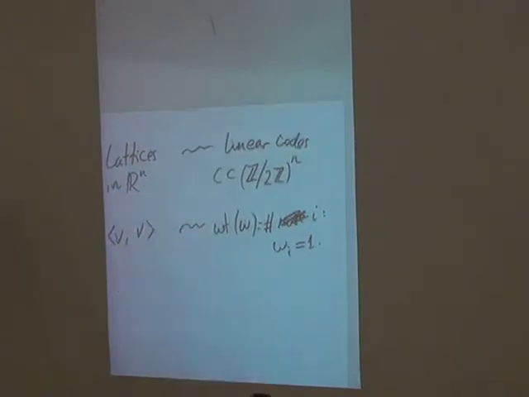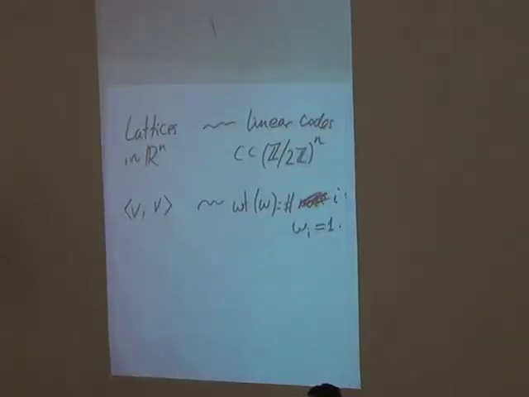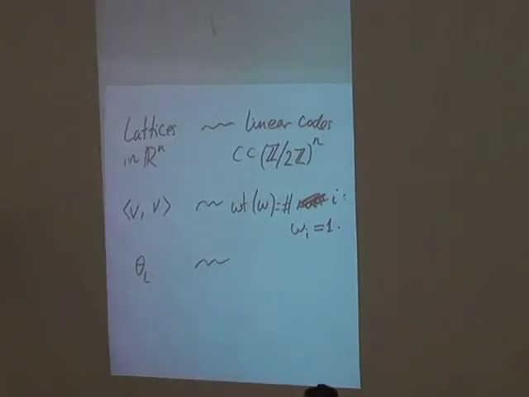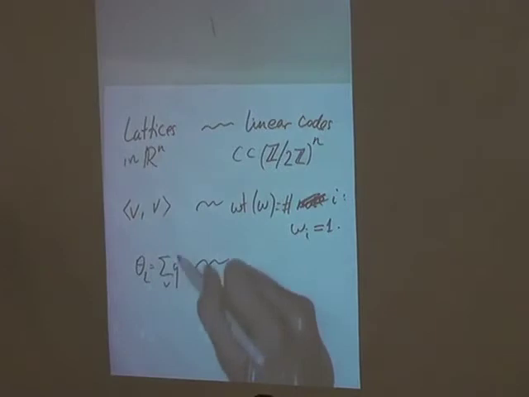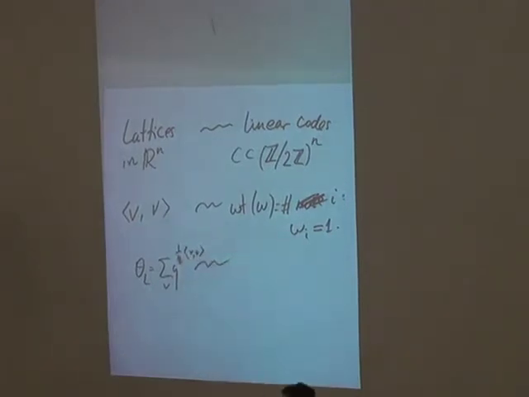And again, this is additive. You can take direct sums and the norms add here, and the weights add there. And the theta function of the lattice corresponds, which is a sum over vectors of q to the power, well, q to the power 1/2 of the norm, something that's a generating function for the norms.